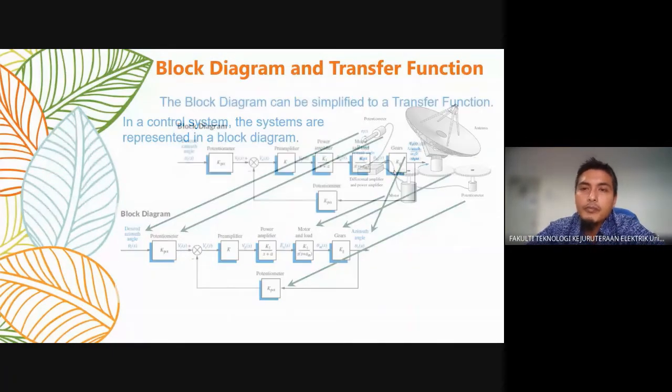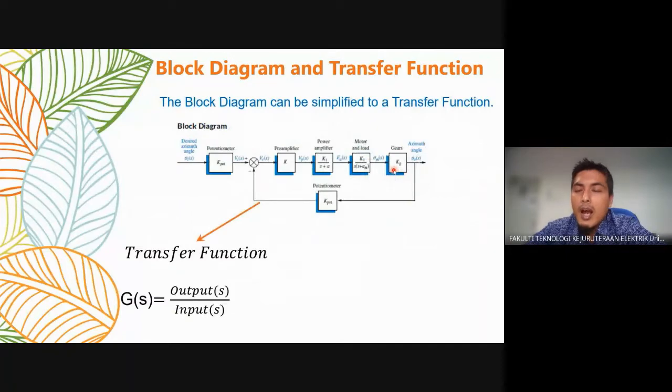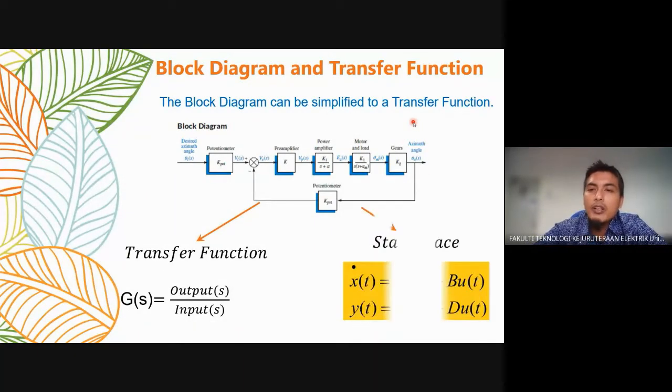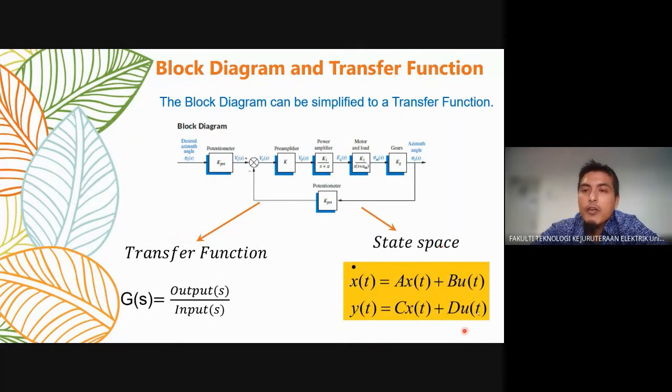However, in this semester, you will convert this block diagram into a state space. When I talk about the synopsis, the words state space are repeated 3 times. So this is the state space.